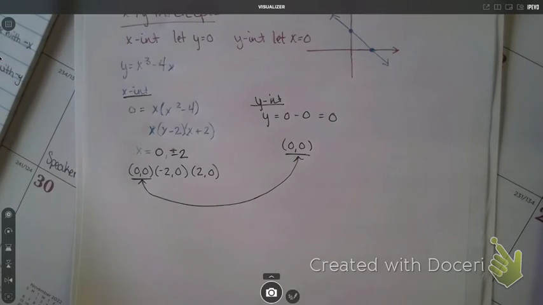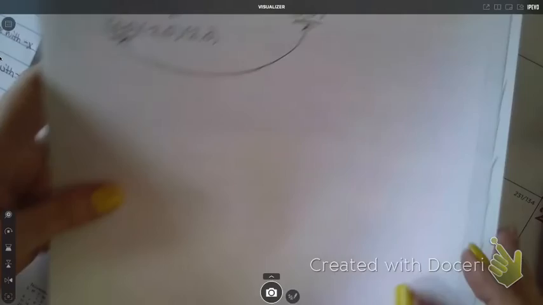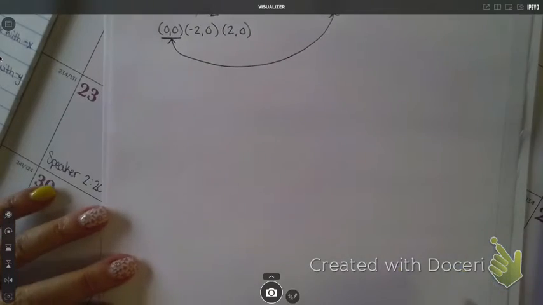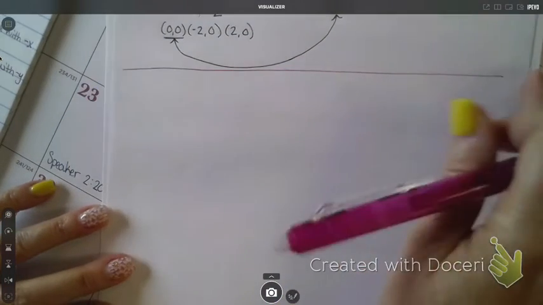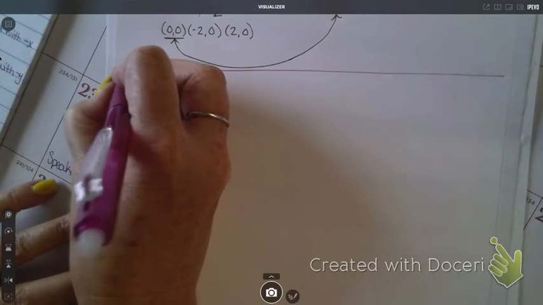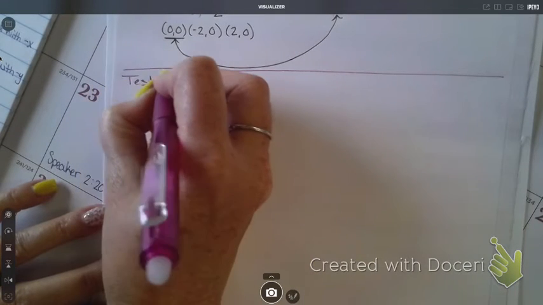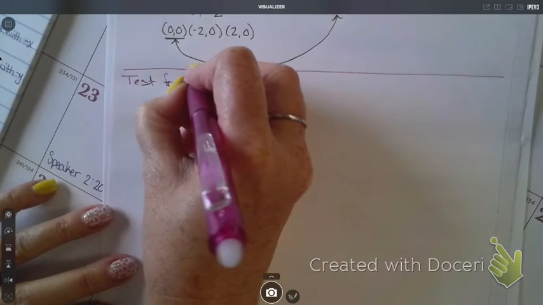Testing for symmetry. We talked a little about this last year, not a whole lot. We're going to use it quite a bit in certain parts of calculus. So we have tests for symmetry.